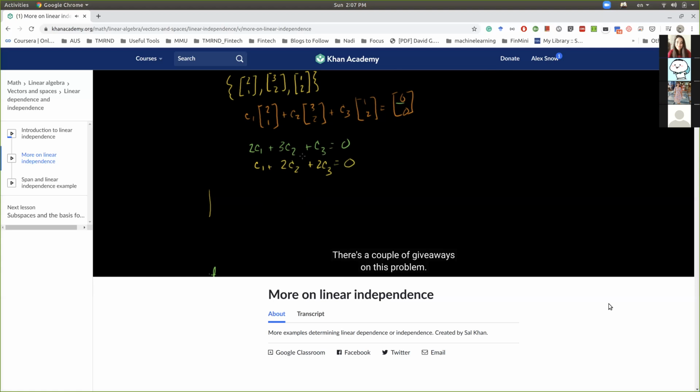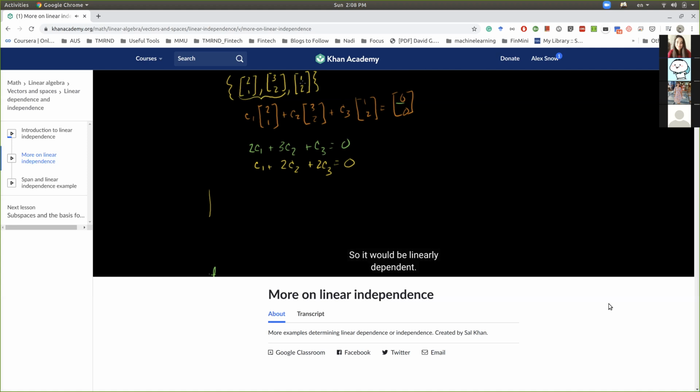Now, there's a couple of giveaways on this problem. If you have 3 two-dimensional vectors, one of them is going to be redundant. Because in the very best case, even if you assume that, let's say, that vector and that vector are linearly independent, then these would span R2, which means that any vector in your two-dimensional space can be represented by some combination of those two, in which case this is going to be one of them, because this is just a vector in two-dimensional space.